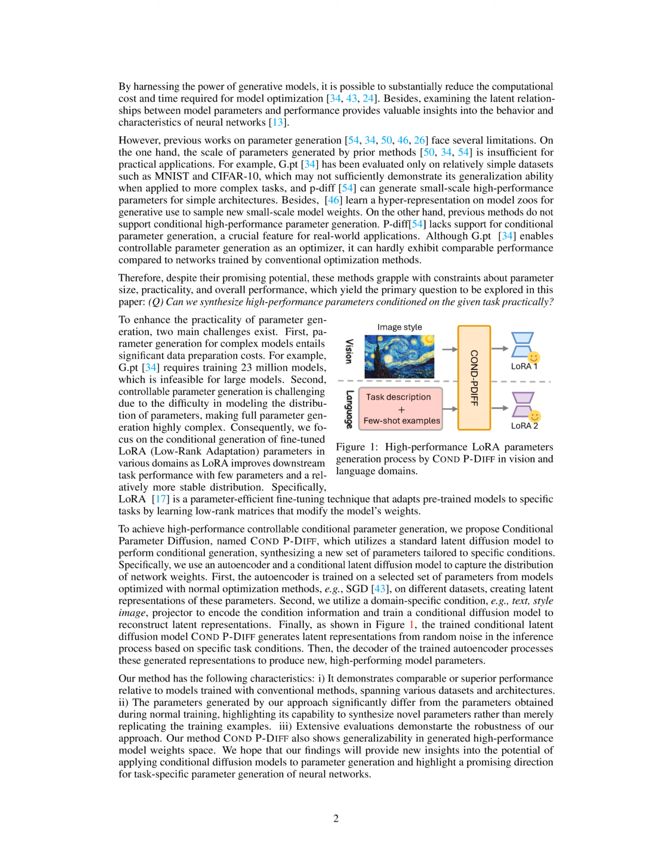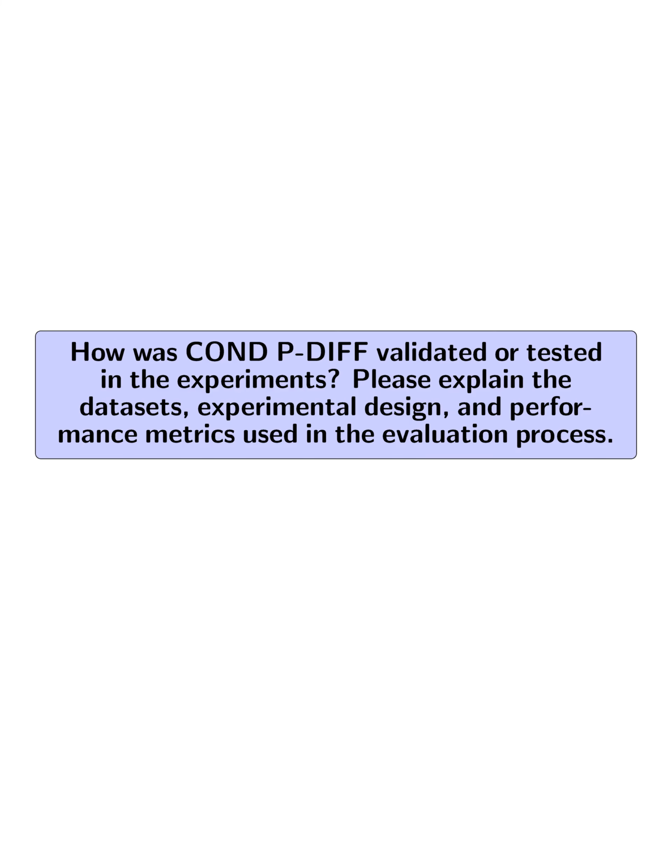Additionally, the method demonstrates superior performance and robustness across various datasets and architectures, as evidenced by extensive evaluations. Overall, COND P-DIFF not only addresses the limitations of previous methods, but also provides a promising direction for task-specific parameter generation in neural networks. How was COND P-DIFF validated or tested in the experiments?